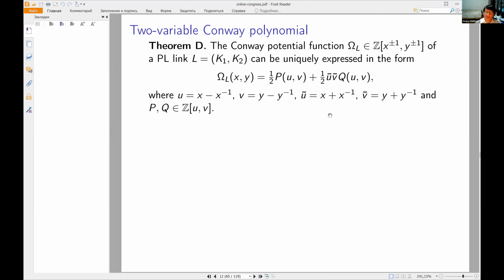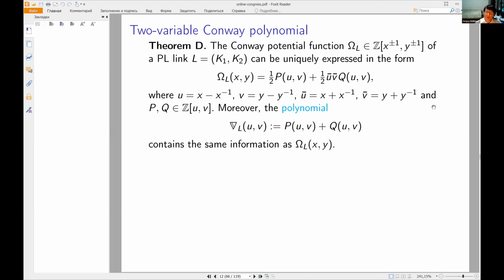This is a rather trivial observation, but a less trivial observation is that if you just take the sum of these two polynomials P and Q, which are now polynomials with integer coefficients, and you had some factor here, you just take it and add them, you get a polynomial in U and V which is going to contain the same information as the Conway potential function.